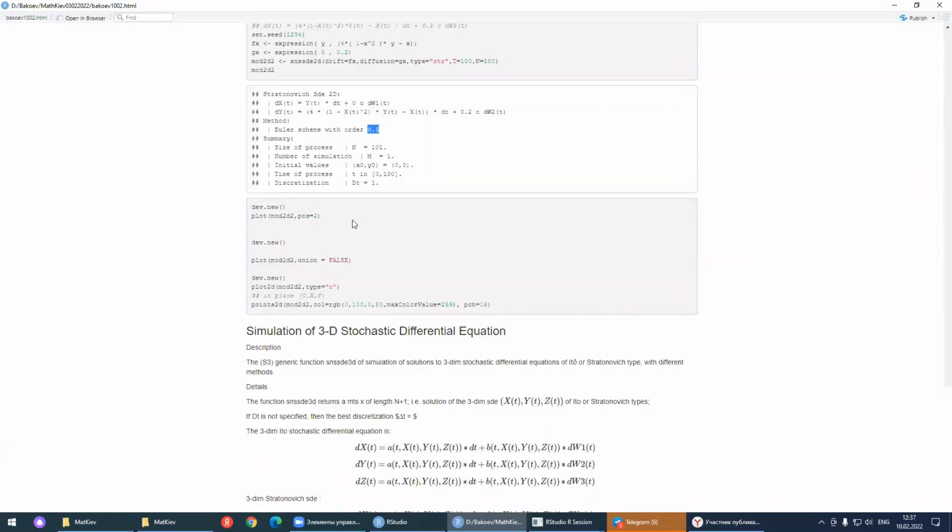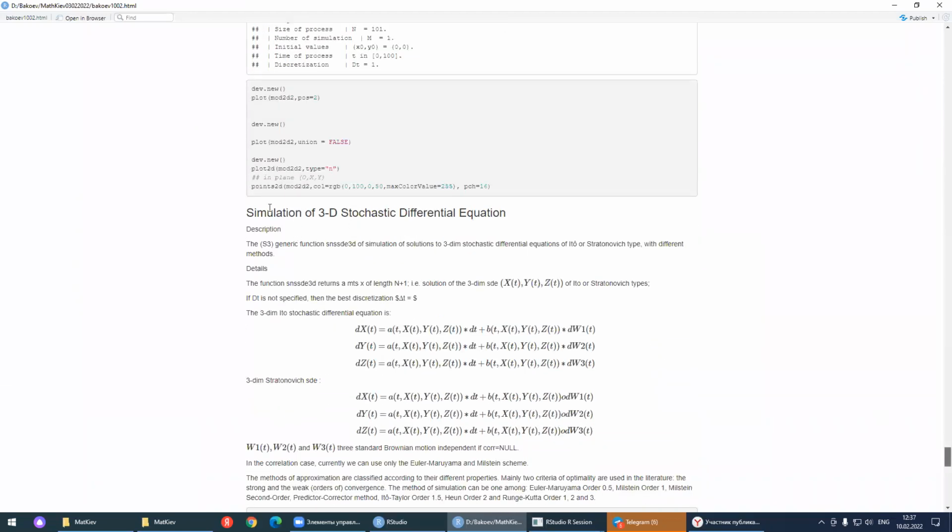And the next one, the same procedure, we have simulation of a 3D stochastic differential equation, a system of 3 equations. This is a 3D Itô stochastic differential equation here.